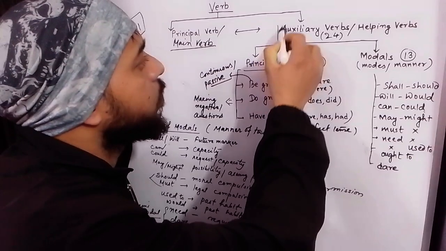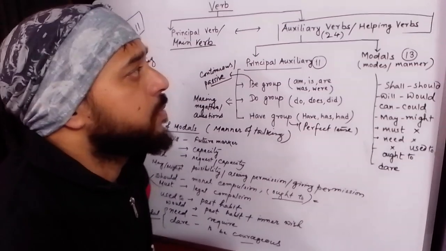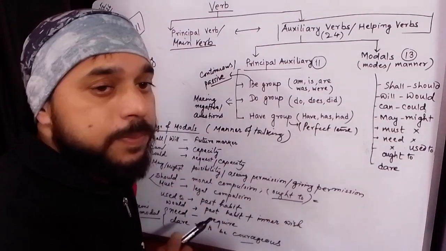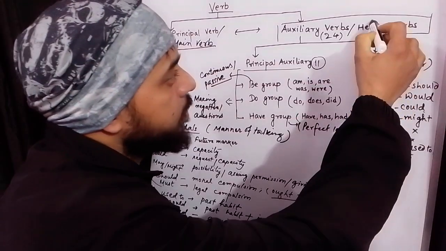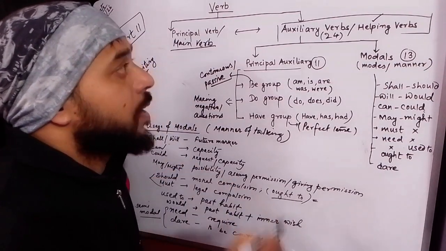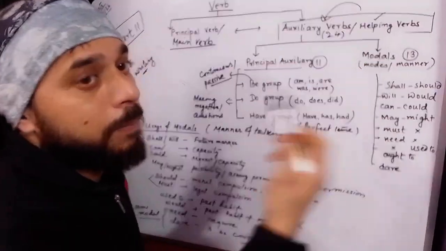Let's directly go for auxiliary verbs that are 24 in number in English. They are also called helping verbs. So this name is already trying to make us understand what role they play.